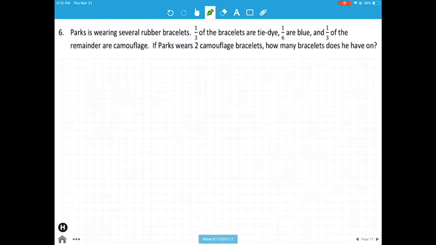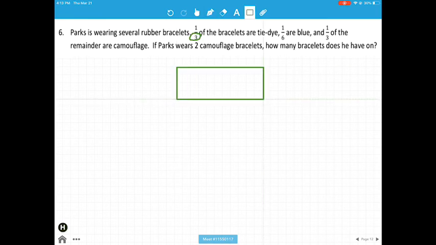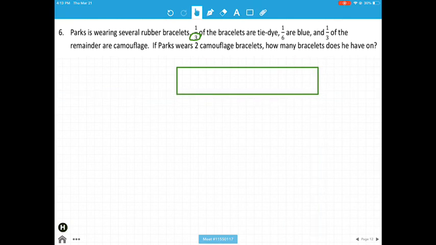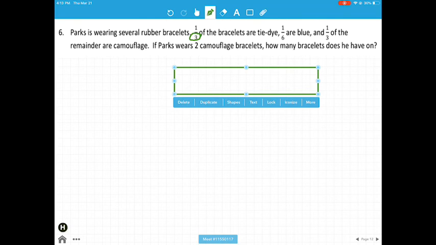Park is wearing several rubber bracelets. 1/3 of the bracelets are tie-dye. 1/3. So let's go ahead and make our tape diagram. 1, 2, 3, 4, 5, 6, 7, 8, 9. Okay, so 1/3.